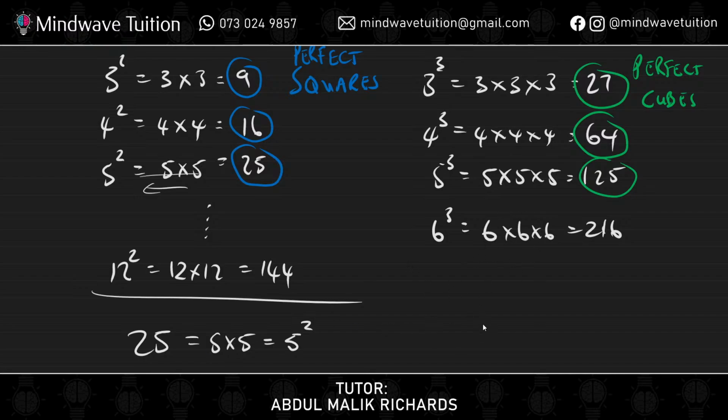Similarly with your cubes, if you are given 64, we can write this as 4 times 4 times 4. So keep your base, which is 4, and there are 3 of them, so we can put a 3 in the exponent part.